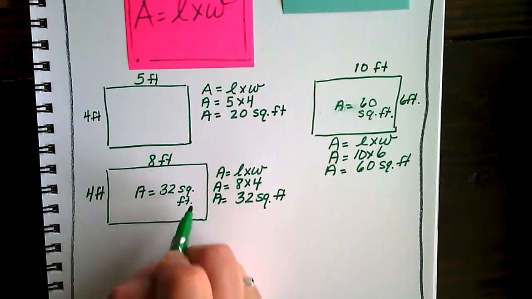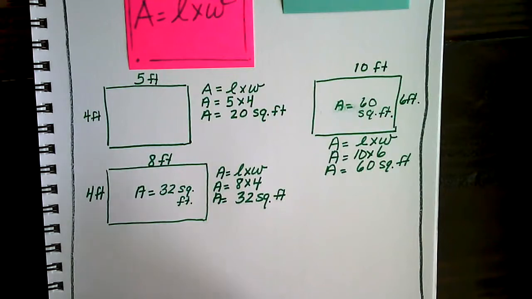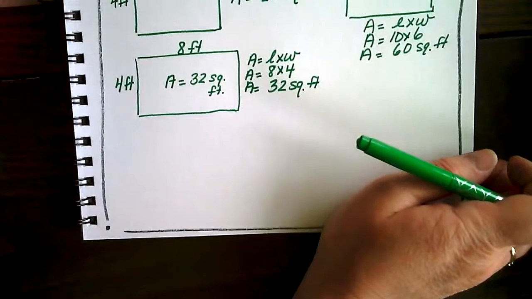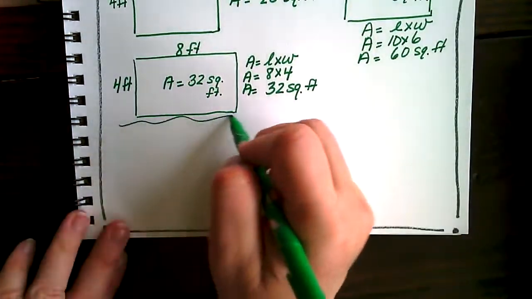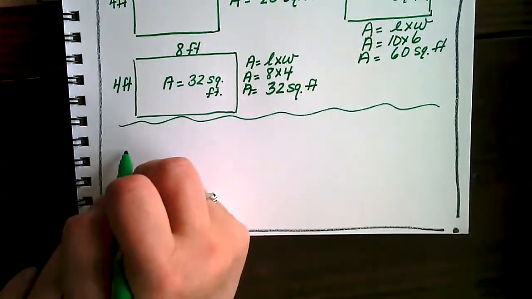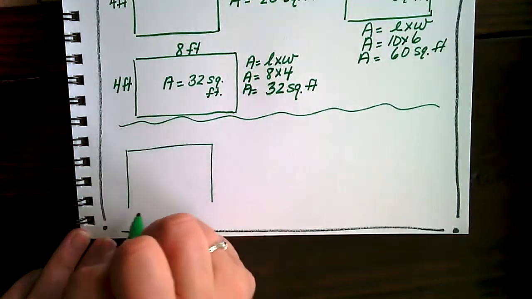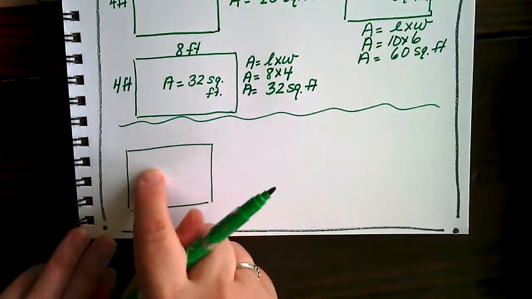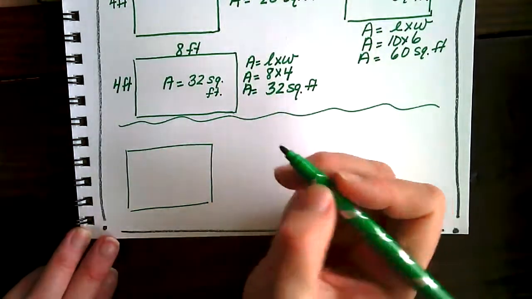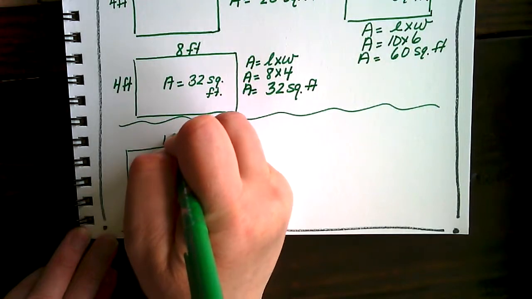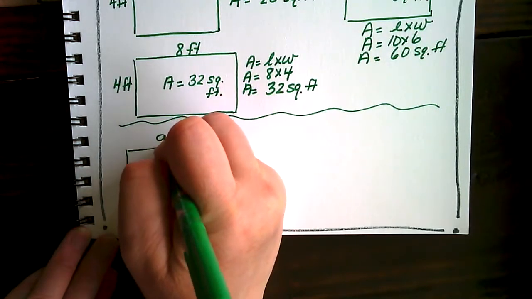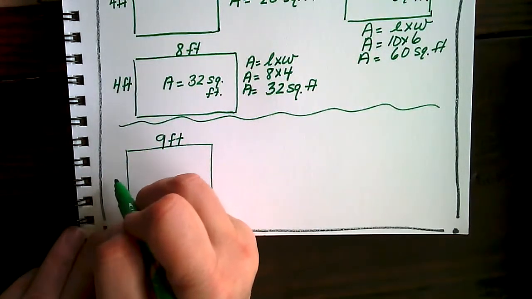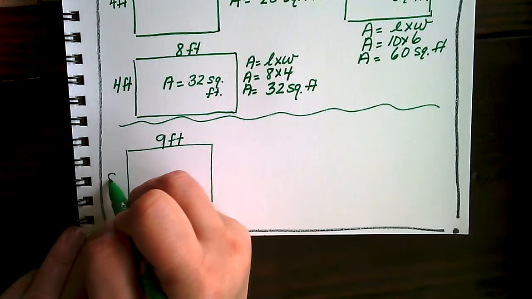Okay, I'm going to have you do a couple practice problems before we end for the day. Okay, so make sure you have some space. Turn the page if you need to. Okay, let's try these two. Let's say this is my bedroom and I want to put some hardwood flooring in there. Let's say this is 9 feet by 8 feet.